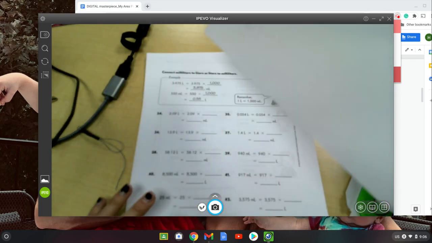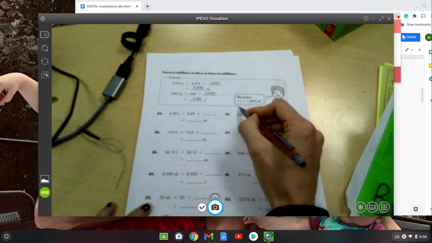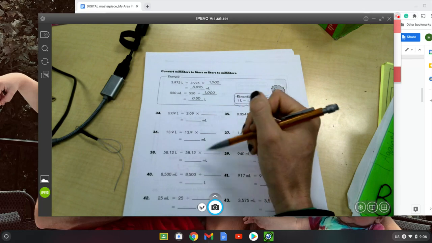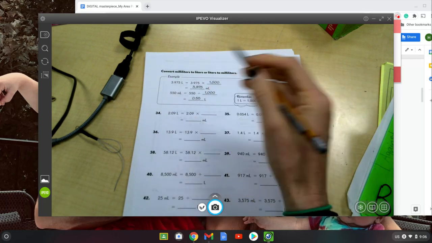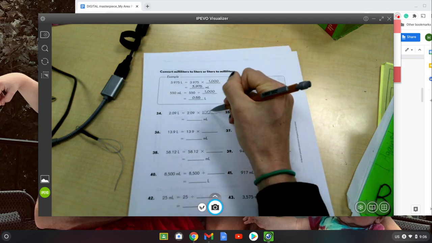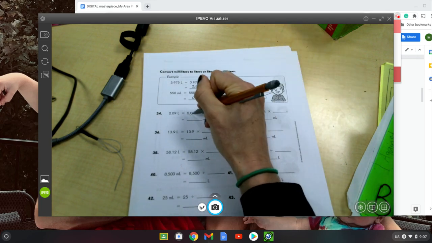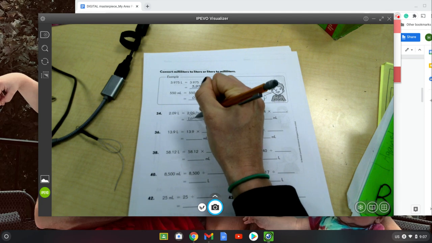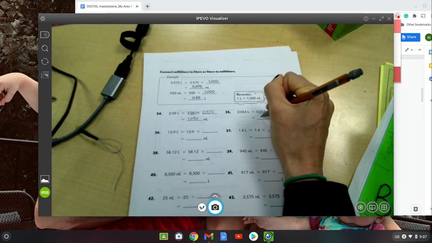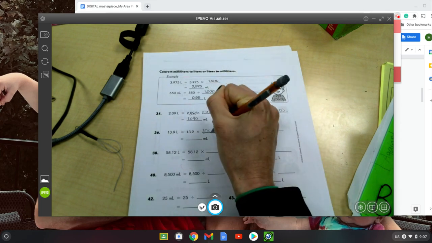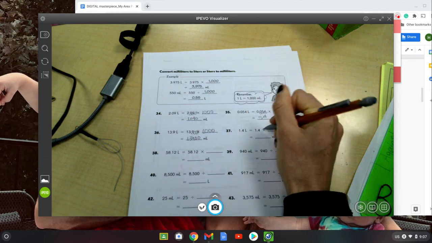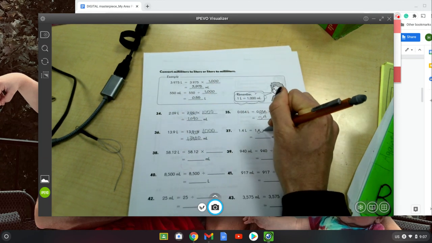That's weight. And here's liters to milliliters. This is volume. So I'm just noticing whether I'm multiplying or dividing here, going from liters to milliliters or from milliliters to liters. I'm going to have more, multiplying by 1,000, 1, 2, 3. Add my zeros. Multiplying by 1,000, 1, 2, 3.